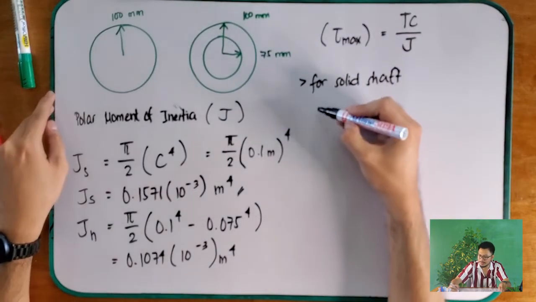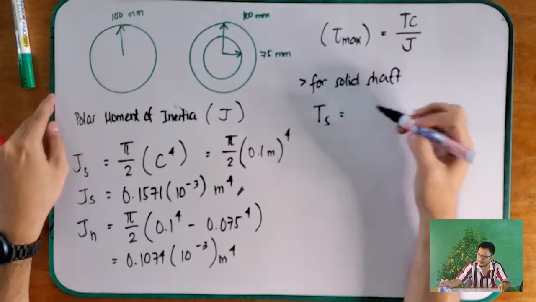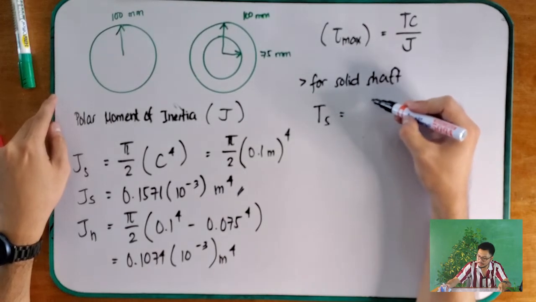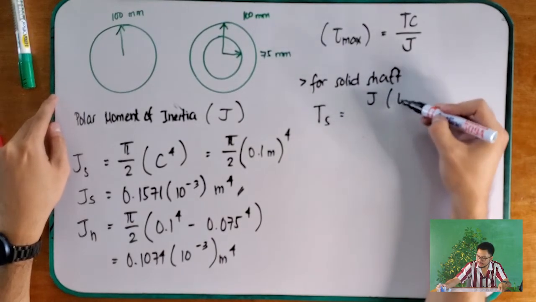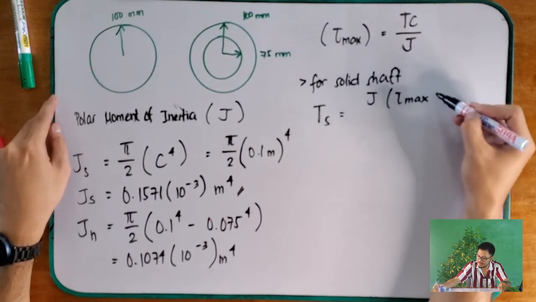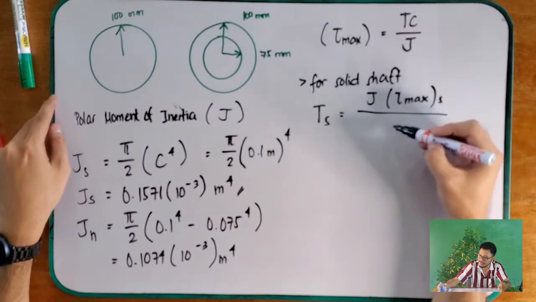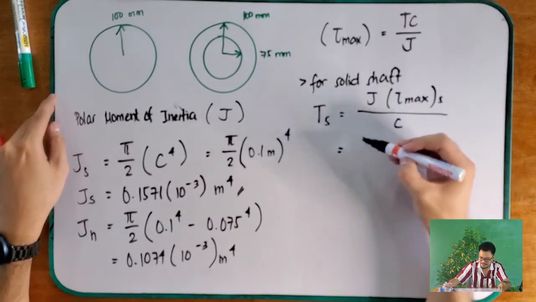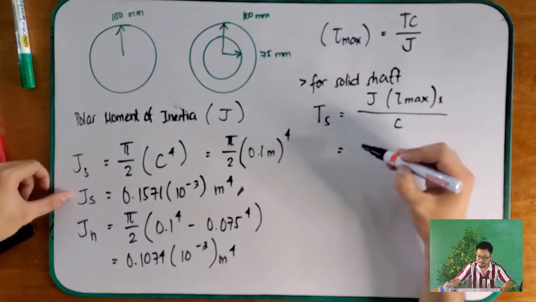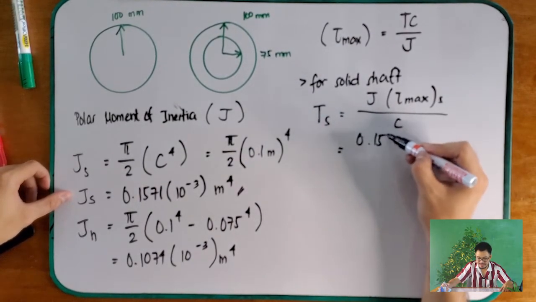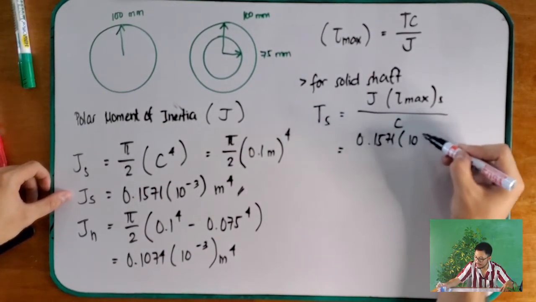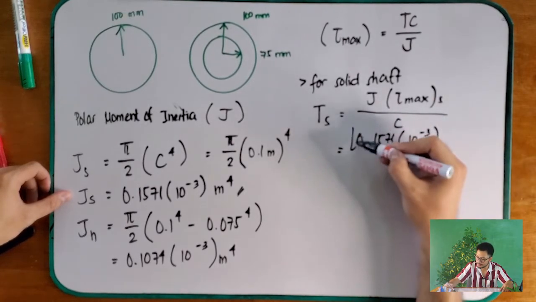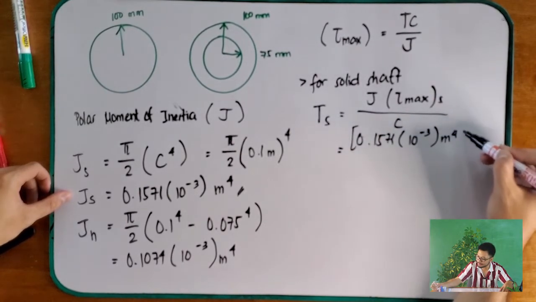Okay. So for your torque sa imong solid is equal to J tau max solid over C. J is 0.1571 times 10 to the power of negative 3 meters to the 4th.